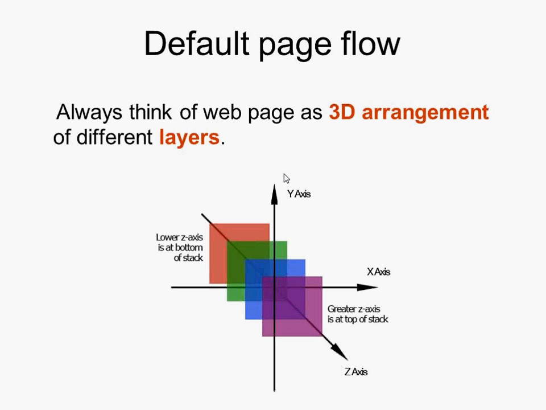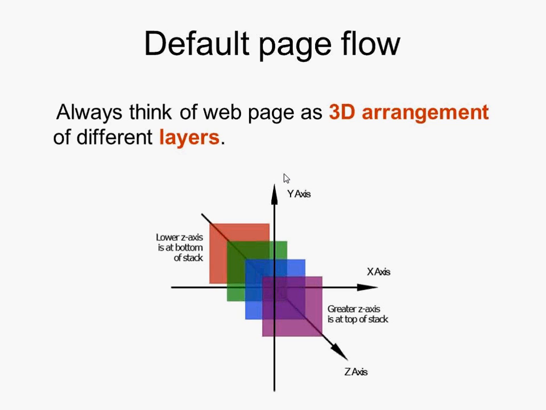When we see a page, because our monitor is 2D only, we see a 2D thing, but actually it can be like a 3D where you can think about transparent layers placed on top of each other. Based upon this, z-index is one thing we'll discuss.